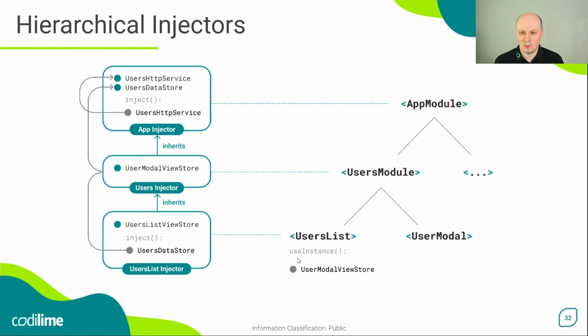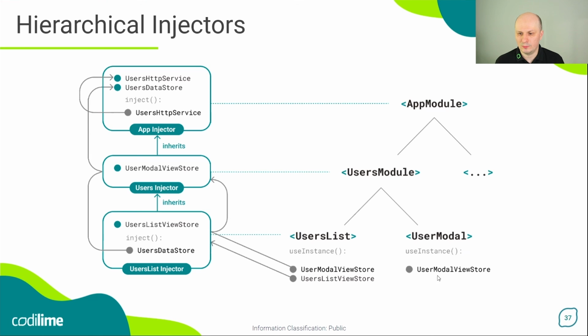In the users list component, I was using useInstance hook to get user model view store. So it first tried to retrieve from its injector, but it wasn't there. So again, using this inheritance path, this user model view store was injected from this level. And users list view store could be retrieved directly from its injector.